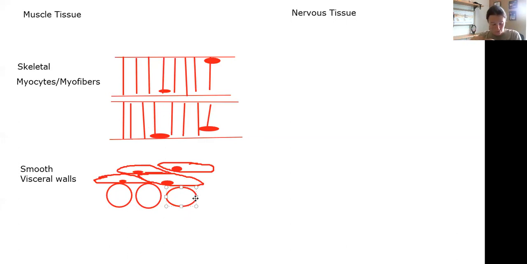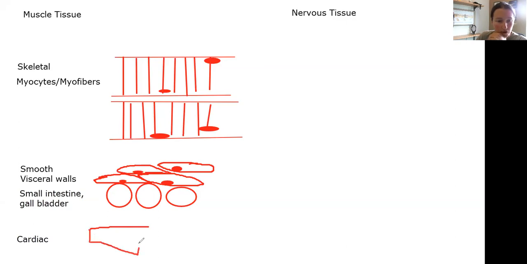You will see smooth muscle today in the small intestine and the gallbladder. Both of these need some mechanism for moving stuff along. Okay. And finally, in the muscles here, the cardiac muscle is similar and different to the skeletal and smooth muscles. The cells are short as opposed to long, right?